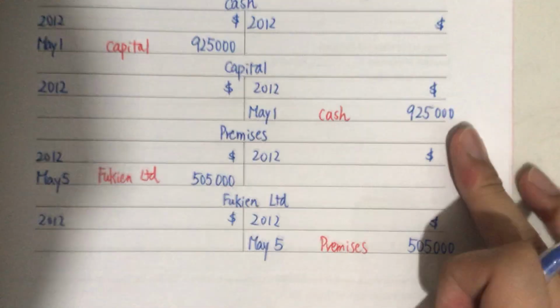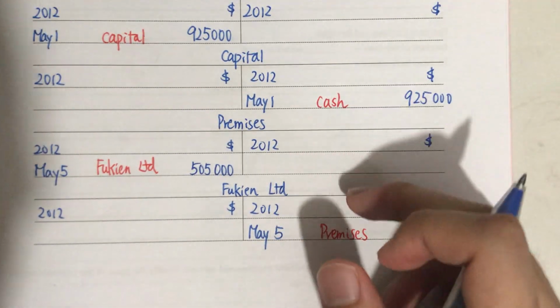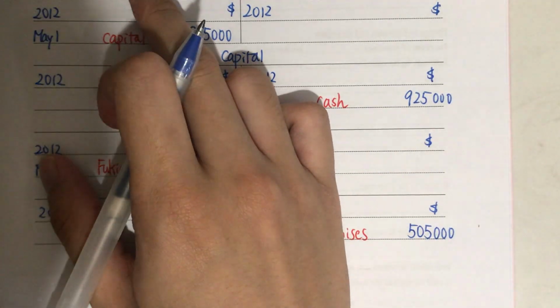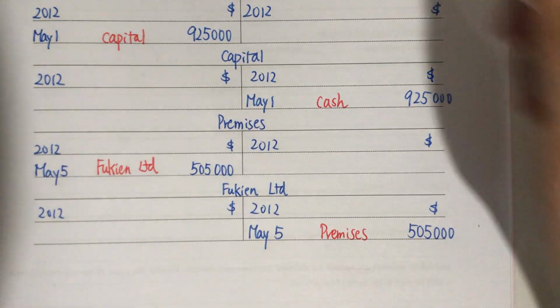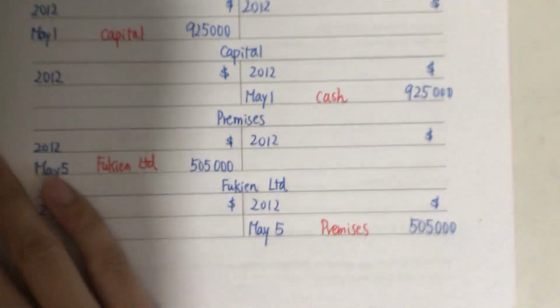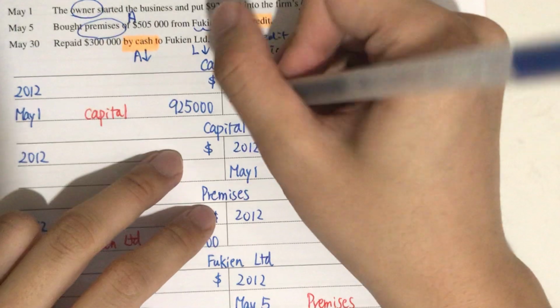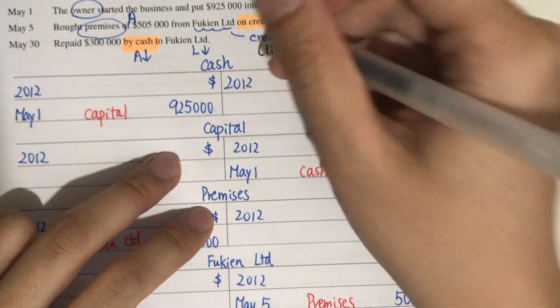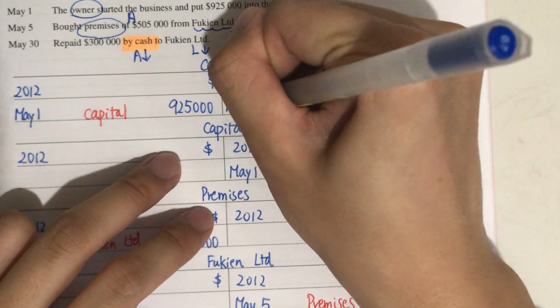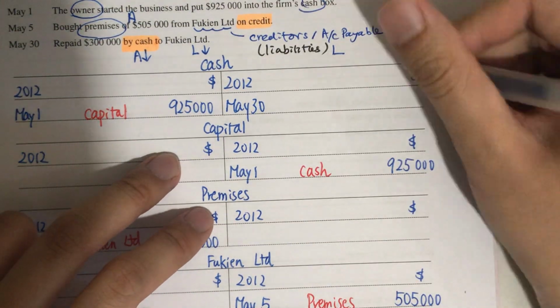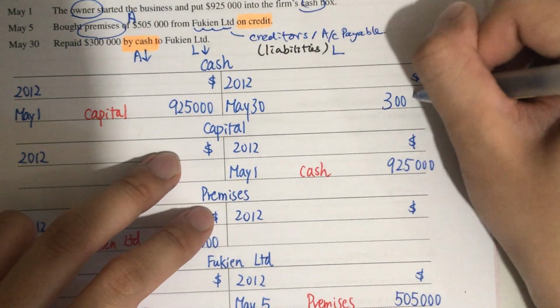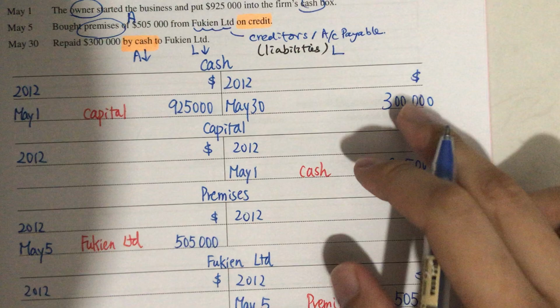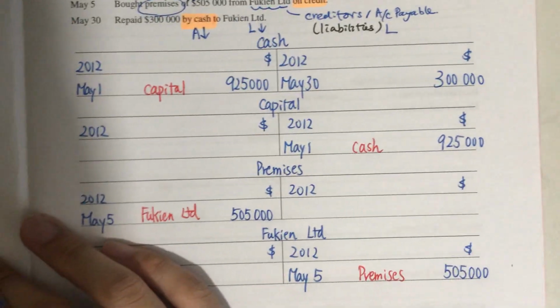So let's do the entries. Okay, for the first one, we will pay the amount by cash. So there is a decrease in cash, so we put it on the credit side for the cash account. 30th of May, decreased by $300,000.